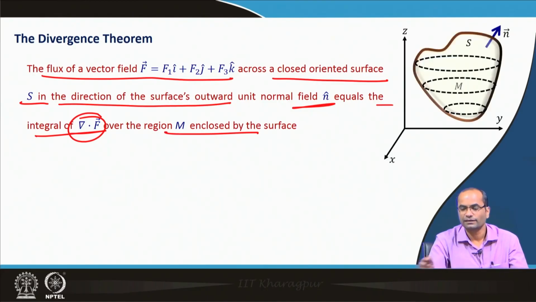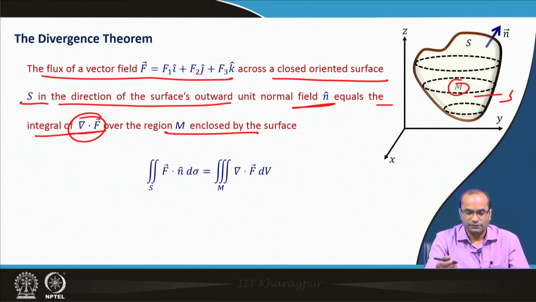So, I think the idea is clear. So, we have a region which is bounded by this surface S, and we have the outward unit normal vector n to the surface, and we are denoting the enclosed region, which is the mass or the volume now.